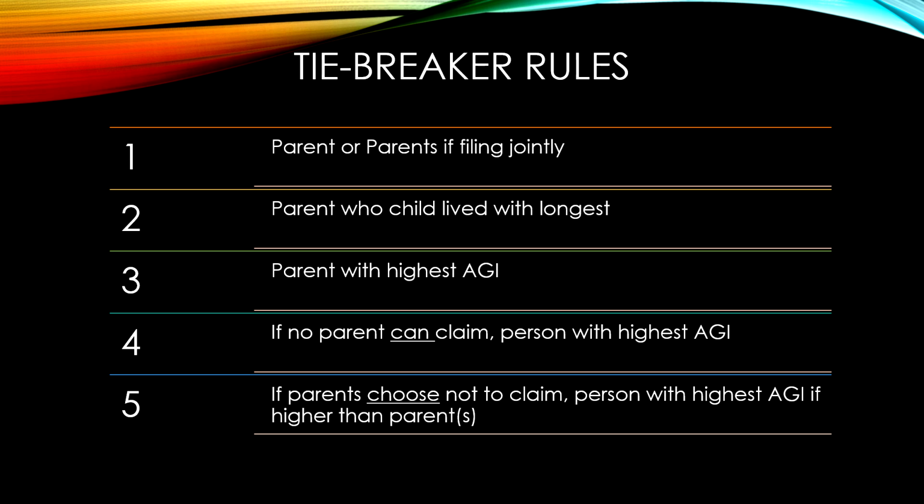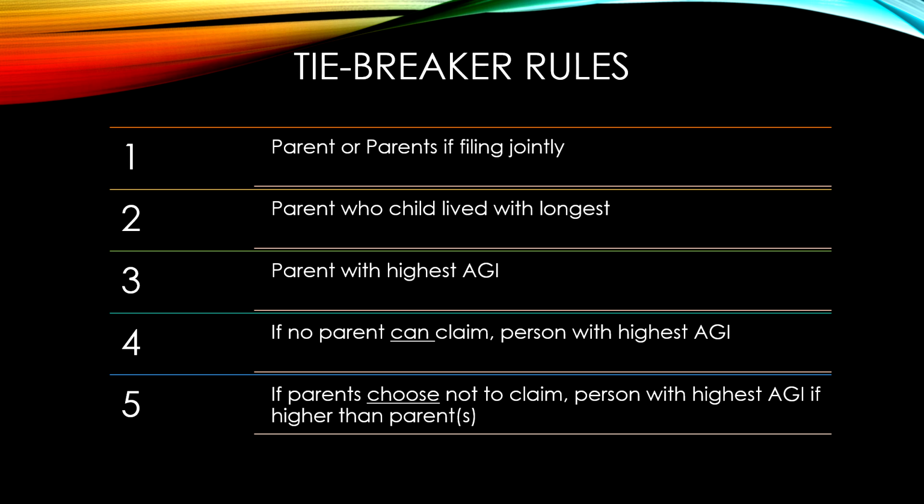And then if neither parent could claim the child, say a child is living with an aunt for half of the year and lives with the grandparents for the other half of the year, then it would go to the person with the highest adjusted gross income.